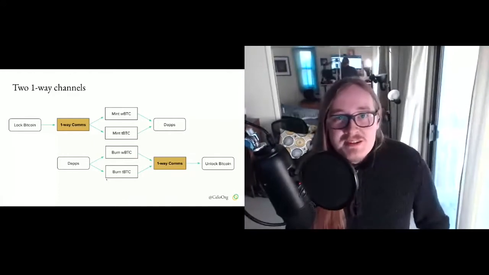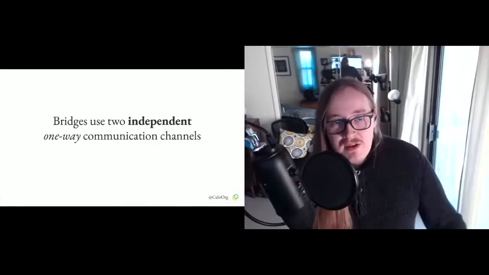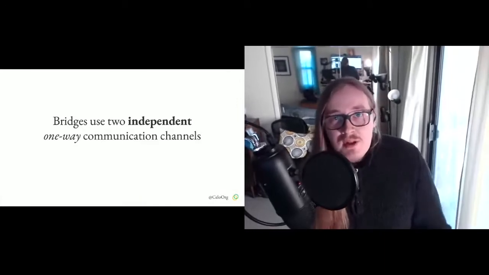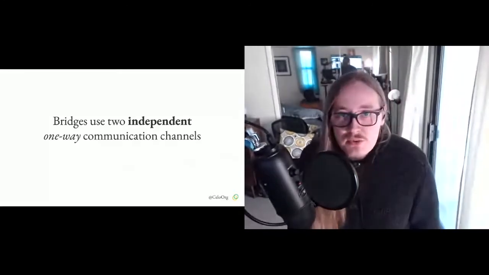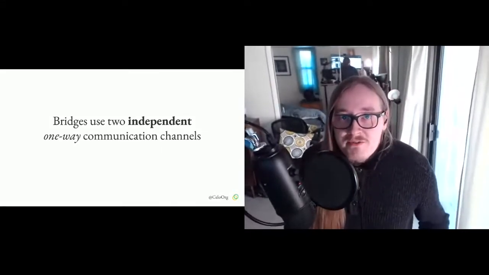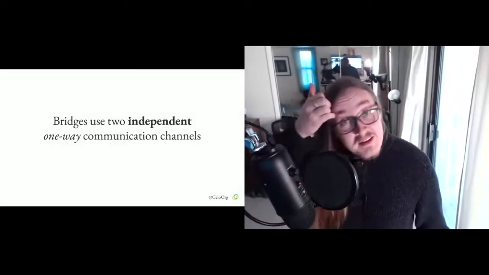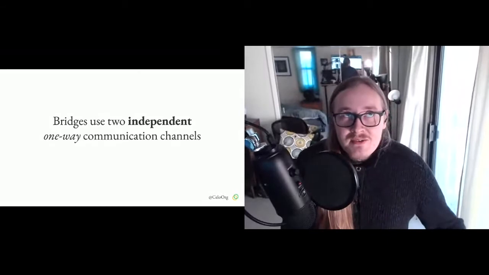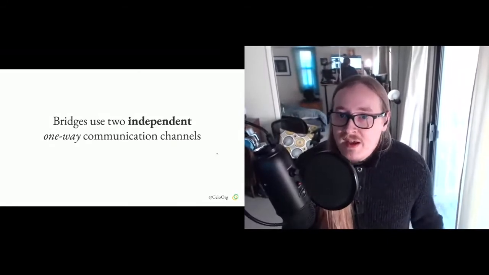Dual simplex is a complicated way of saying that these are two independent, so they're dual, and they're simplex, they're one-way communication. We use these dual simplex communication channels to make what we call full duplex, where you can send messages back and forth. This is all trying to make an analogy to traditional telecoms.